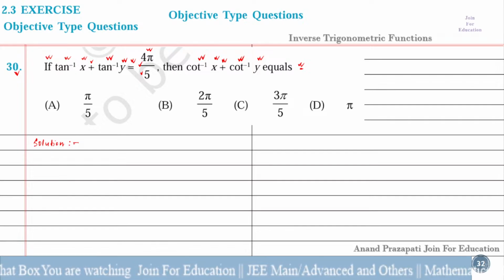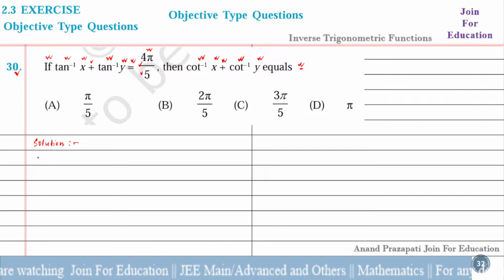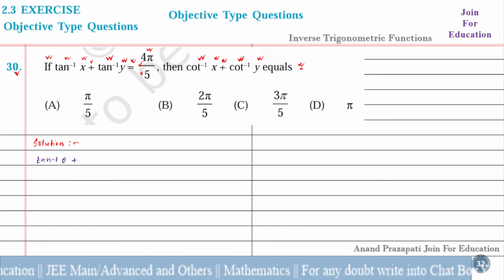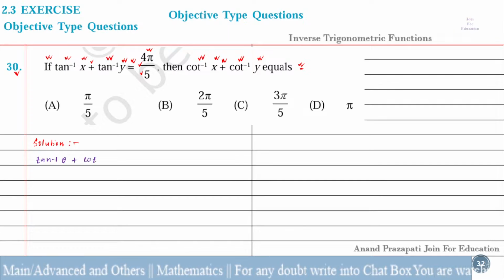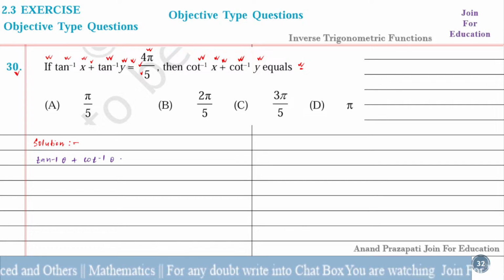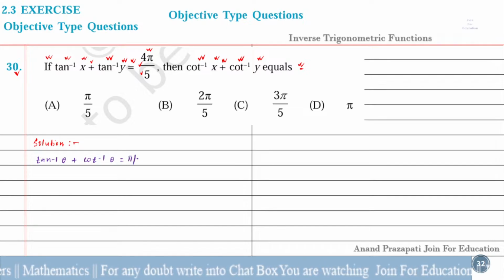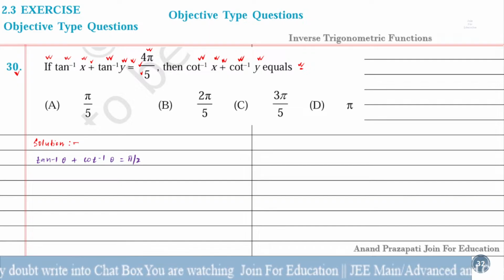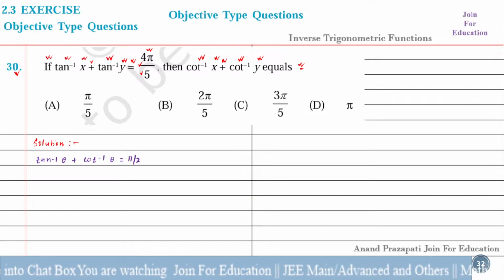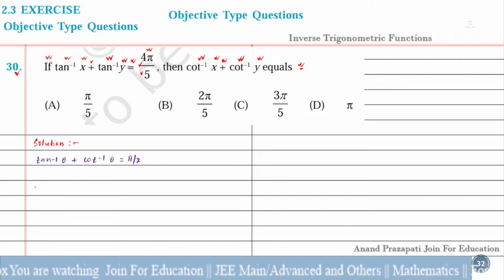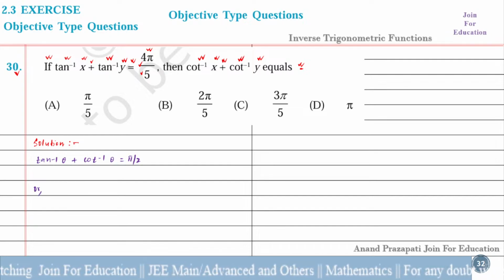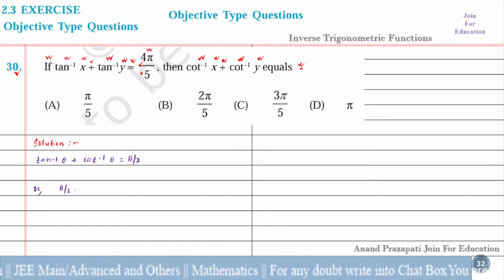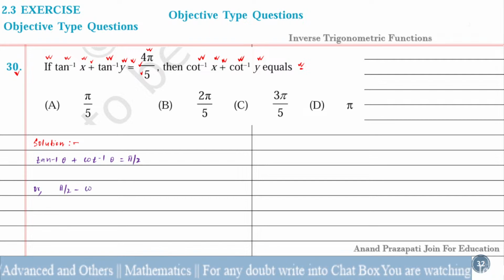For this, we recall a formula. We know that tan inverse theta plus cot inverse theta equals pi by 2. So according to this formula, tan inverse x equals pi by 2 minus cot inverse x.